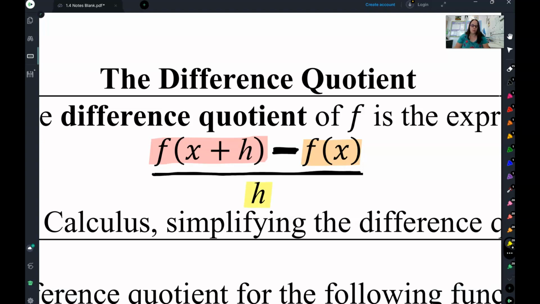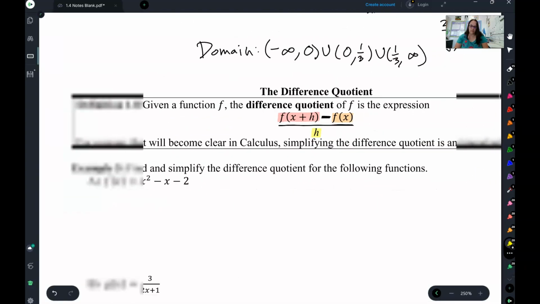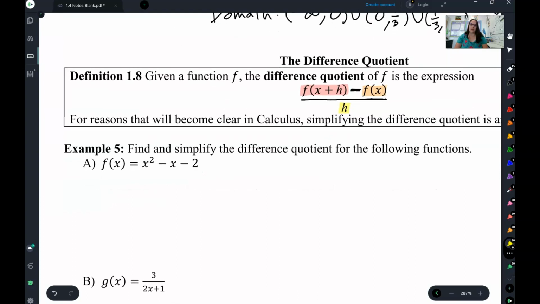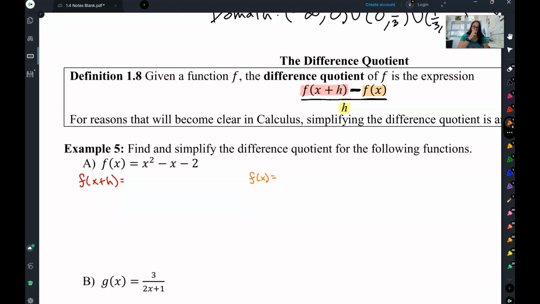So those are the three pieces of the difference quotient. So anytime we need to find this, we're going to find it in pieces. So we're going to find f of x plus h first. Then we're going to find f of x. And then we're going to put it all over h and simplify it.